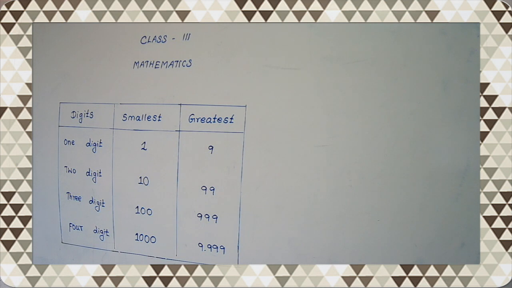Then the greatest 4 digit number. Which one is the greatest 4 digit number? 9999. Do you understand, children? Okay.